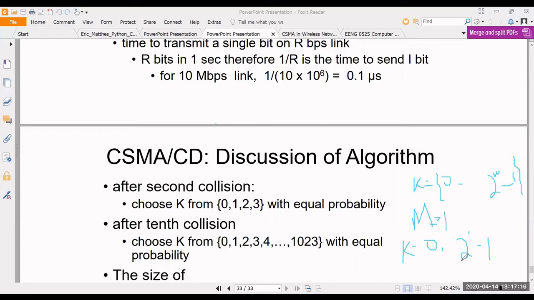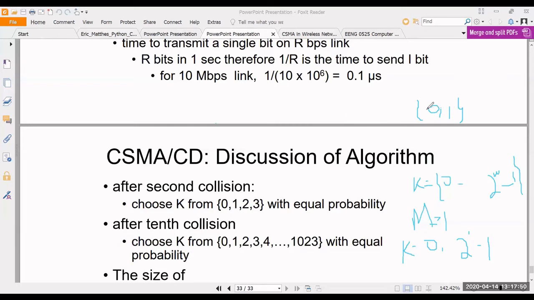So K can be selected from a group of values made up of 0 and 1. For this instance, we know 512 is a constant, and we can find our bit time from the formula, just by finding the inverse of the link's capacity. And then we just use this K value.